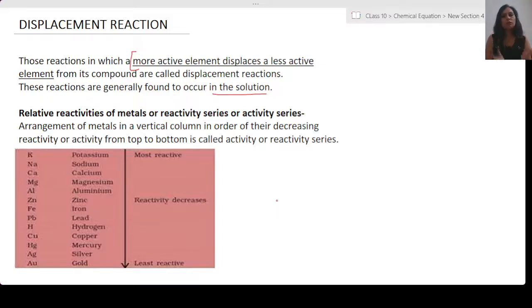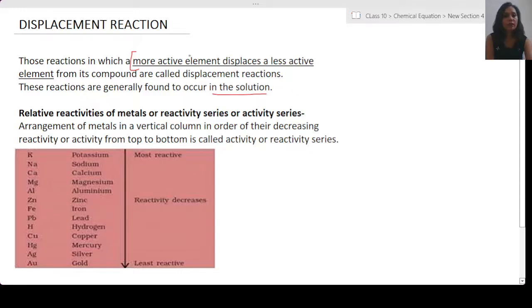This is not the full list of the metals. Remember, we are only dealing with the metals which are important to you from the class 10th point of view. Here you can see that there is an activity series or a reactivity series where elements are arranged in order of their reactivity.